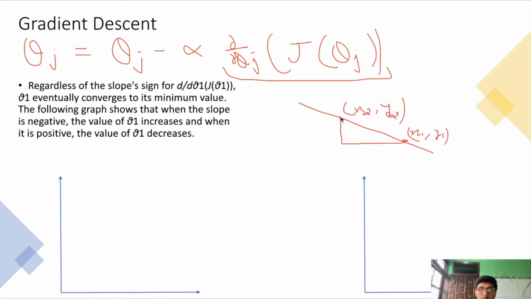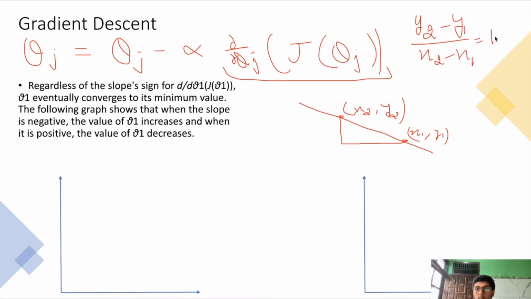Now, as you all know, what does the derivative mean with respect to something? Let's take an example of acceleration. An object's acceleration is the derivative of velocity with respect to time. When we find slope, we do y2 minus y1 upon x2 minus x1.